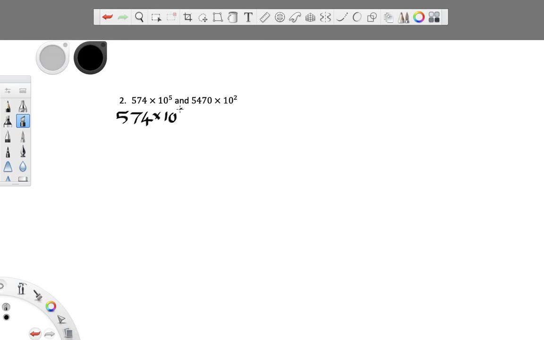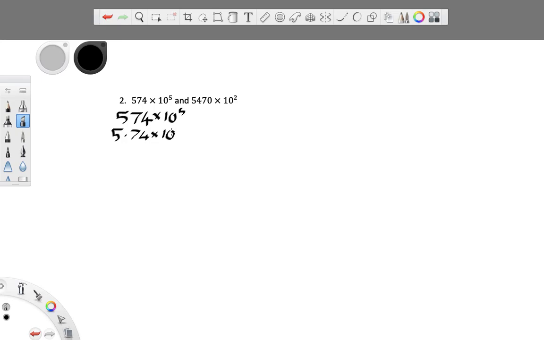What I'm going to do is ignore the times 10 to the 5 part. I'm just going to pretend I've got 574. So I'm going to put that number into standard form. The decimal point would be here, so we move it once and then twice. So it would be 5.74 times 10 squared.